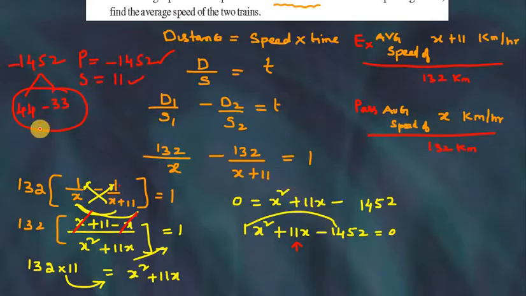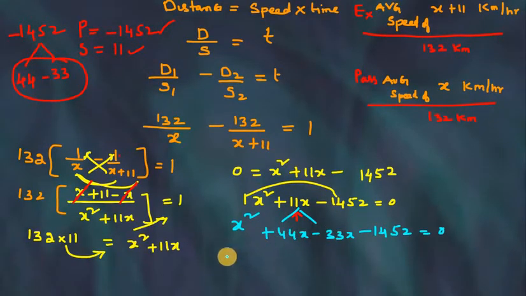So I am using these factors. If I rewrite, x square plus 44x minus 33x minus 1452 is equal to 0. So this is in two different ways, that is 44x minus 33x. If I take x common in the first two terms, left out is x and 44.